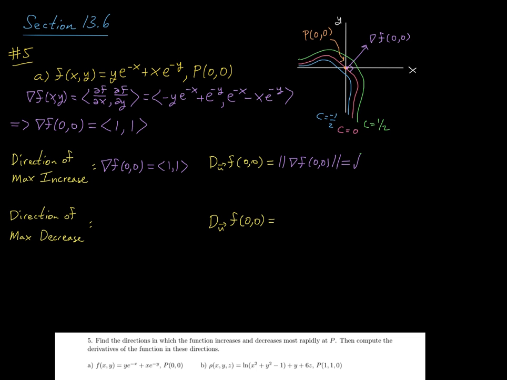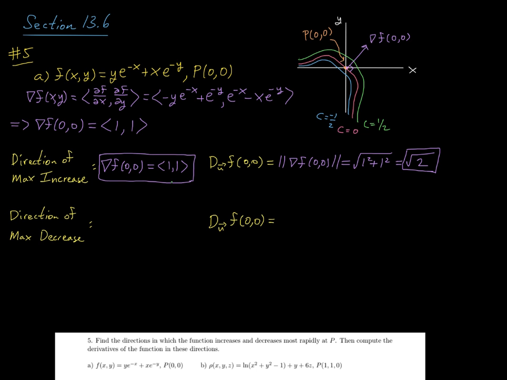So we'll just take the magnitude of the vector (1, 1), and that has a magnitude of √2. So these would be our answers for max increase.